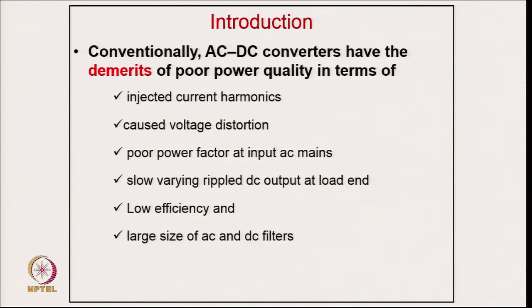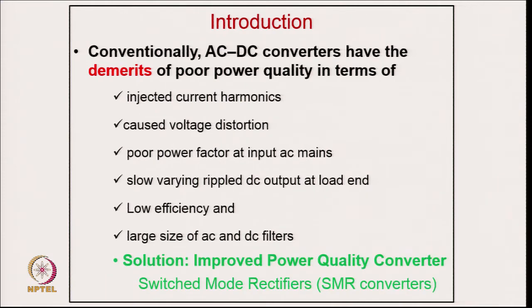Well, conventional AC/DC converters have the demerits of poor power quality in terms of injected current harmonics, which cause voltage distortion at the point of common coupling where they are connected. They also cause poor power factor at the input AC mains, slow varying ripple in the DC output at the load end, and have low efficiency and large size of AC and DC filters, if you are using filters to get the right input and output power quality.